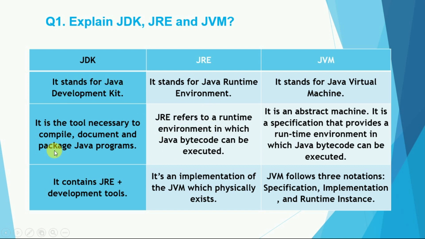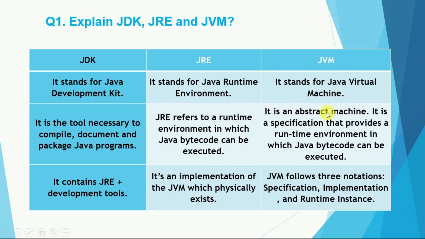First we install the Java Development Kit and set up the Java path in our system. This runtime environment helps us execute Java bytecode, and it is an implementation of the JVM which physically exists. So first is JDK, next is JRE, and after this is JVM, the Java Virtual Machine.